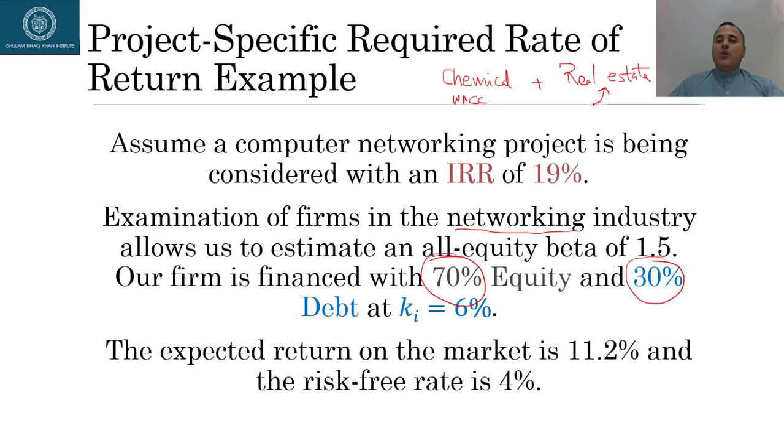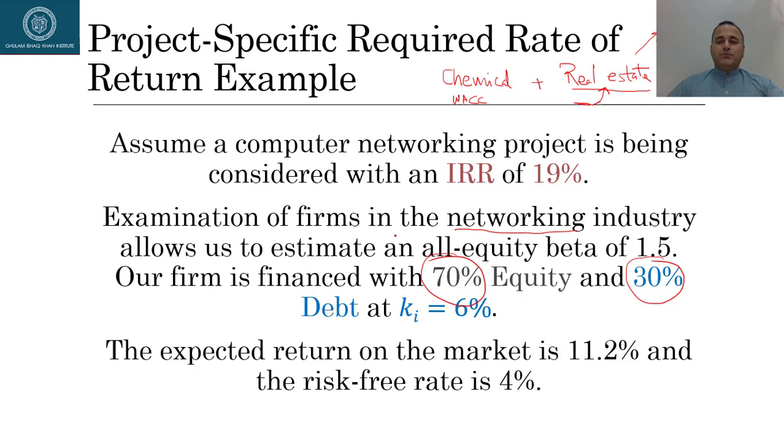So a good idea would be to use a beta from the industry, from those companies which are already engaged in real estate. It means that the companies whose betas we are using are called proxies. So we proxy our beta with their beta.